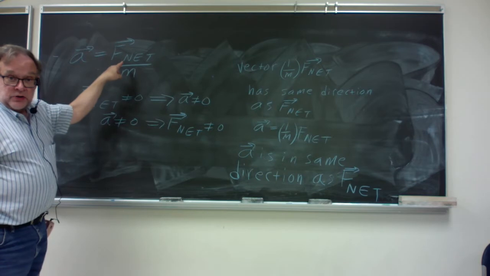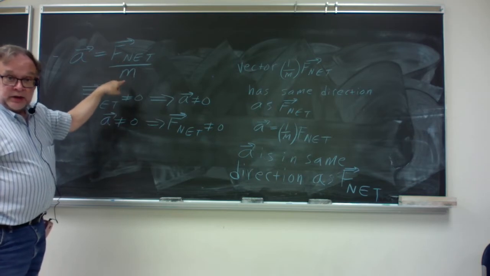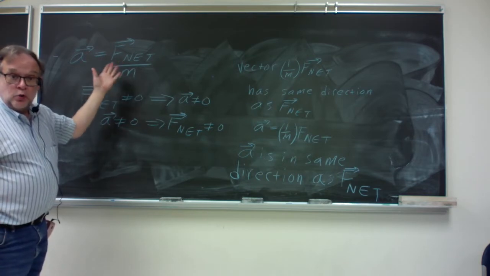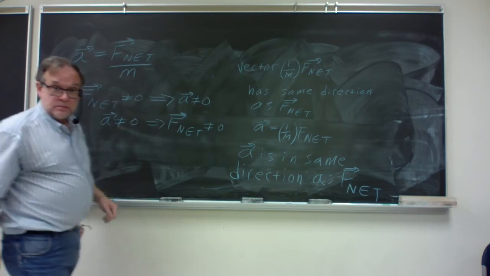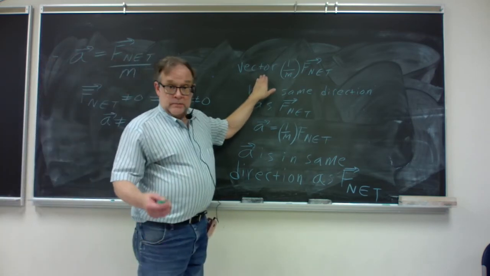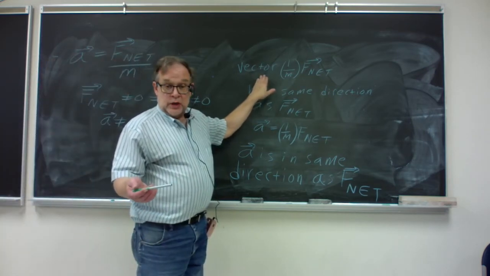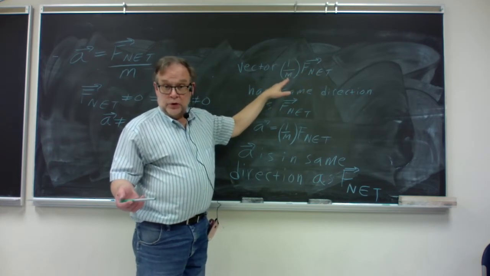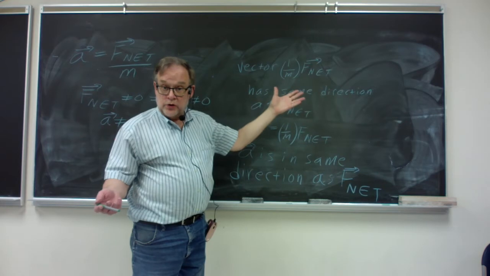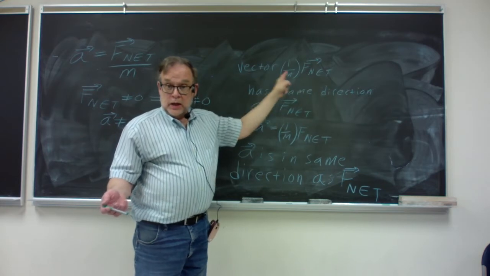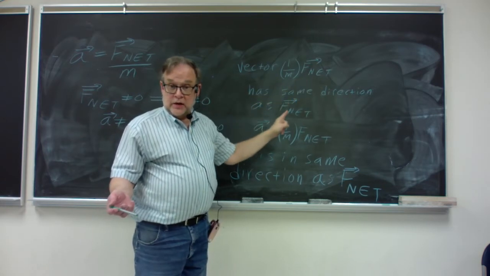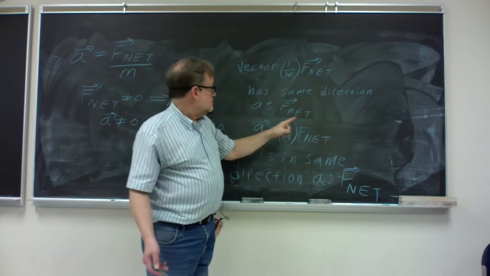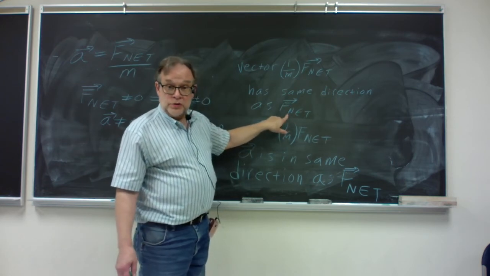You're taking a vector, net force, and multiplying it by a plain old number, 1 over the mass. And as you saw described in chapter 3, when you multiply a vector by a plain old number, a scalar, you get a new vector, and this vector turns out to have the same direction as the net force.